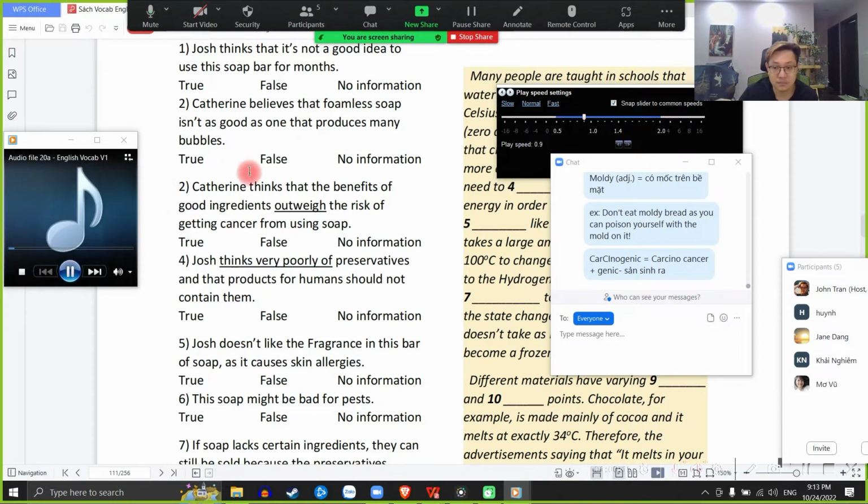Hey Josh, I found this soap bar, and it has a wonderful scent. I think it might be good for washing our hands, and maybe for washing my cat too. Yeah. Let's see what the label says, Kate. Water, yes, everything has water in it. Sodium lauryl sulfate, no. This ingredient is not something you want to use for a long time, as it was classified as a carcinogen, or cancer-causing agent, a while ago.